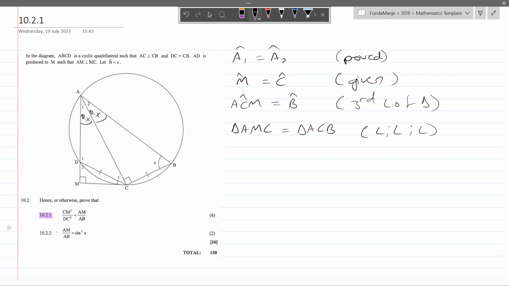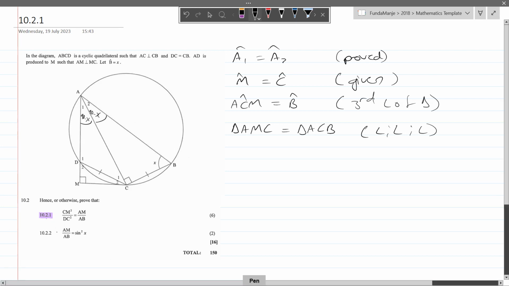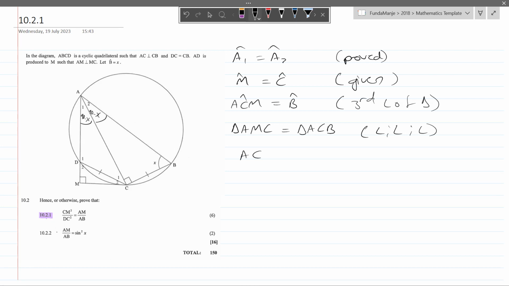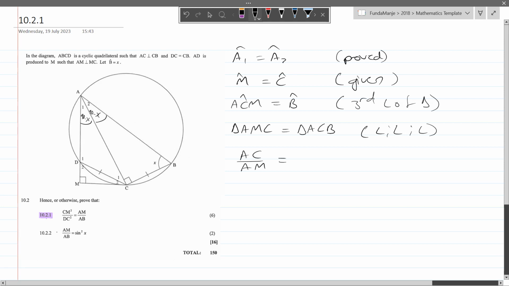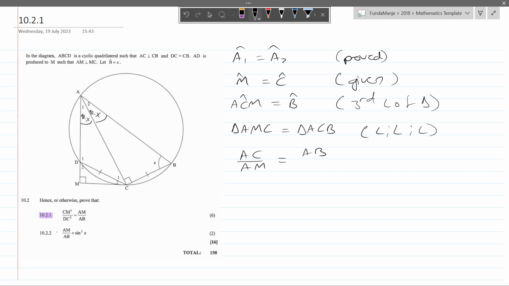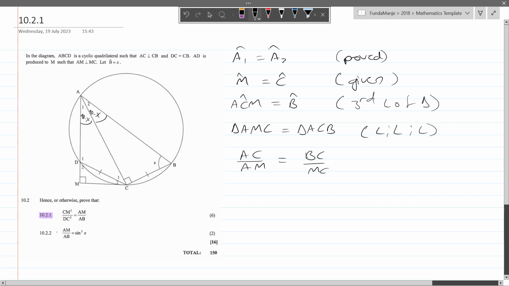And we can start by saying AC over AM is equal to the same thing on this side, AB, or is equal to BC over MC. So AC over AM is equal to BC over MC.